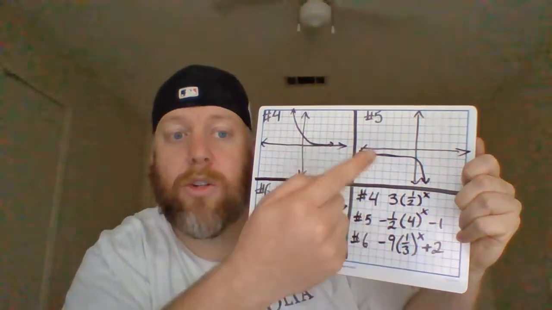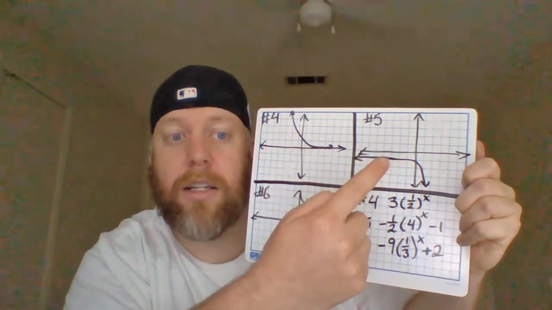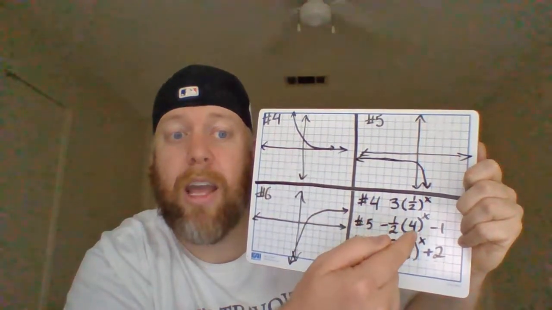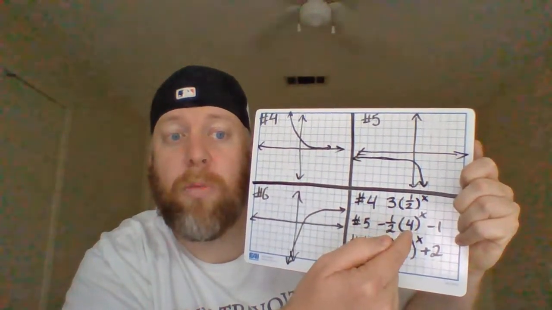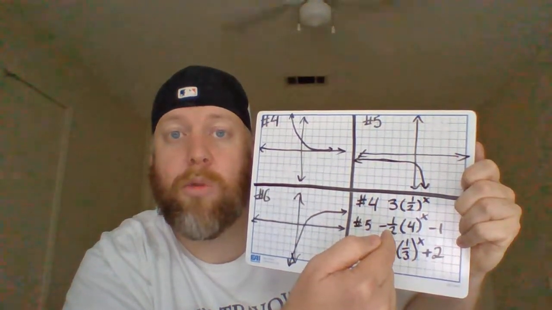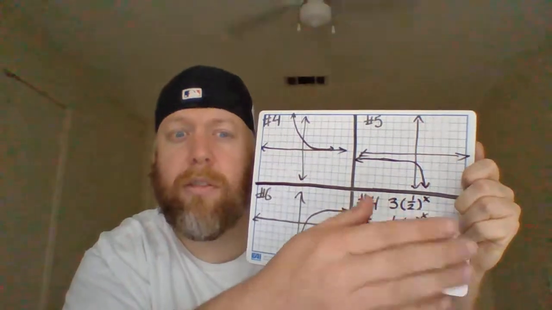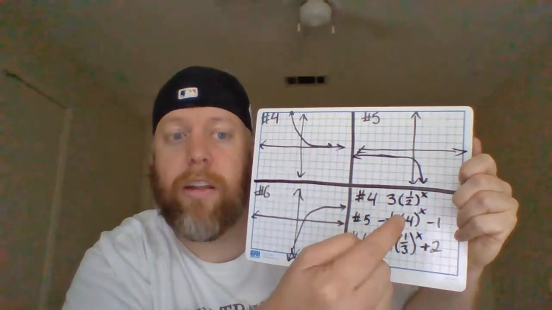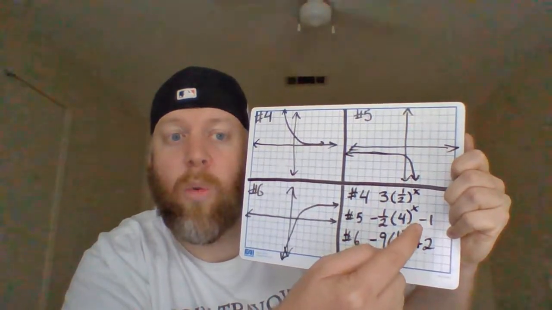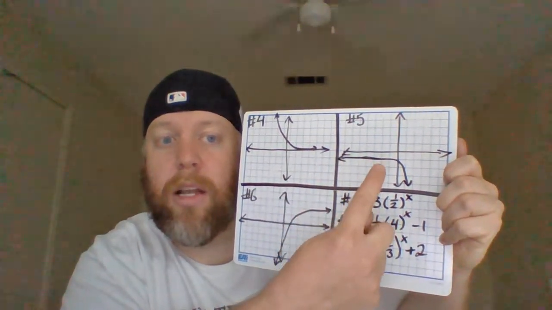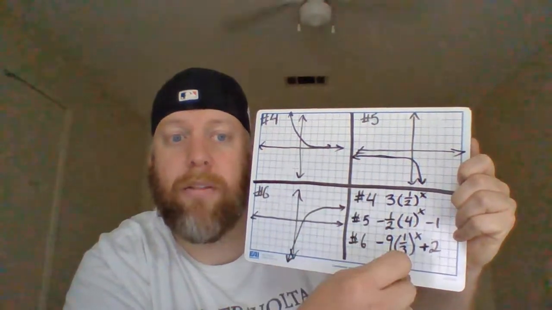So that negative controls the reflection across the x-axis. So now when it says exponential growth, it's really exponential decay. This says exponential growth because it's greater than 1, but it's a negative exponential growth, which means it's a negative, right? So it gets flipped. It now turns negative. Also notice what is subtracted from the back, -1. That's our asymptote. It is going to approach -1 but never touch it.